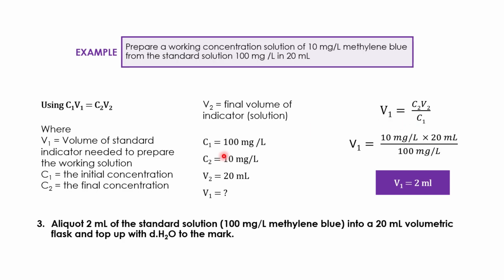If you substitute these values into the equation, we get V1 equal to 2 ml. So what it means is that if you want to prepare the 10 milligrams per liter in 20 ml for our working solution, we will have to aliquot 2 ml of the standard solution, which is the 100 milligrams per liter methylene blue, into a 20 ml volumetric flask and top up with distilled water to the mark.